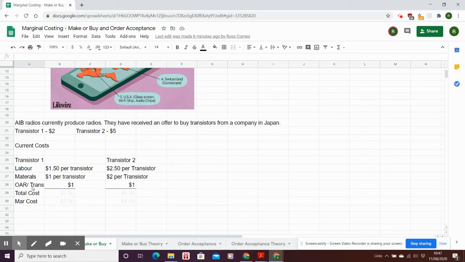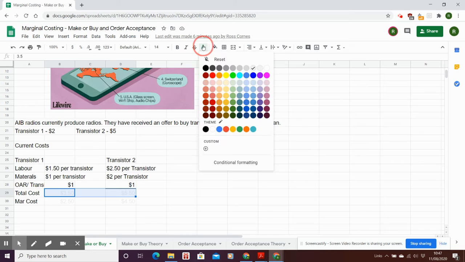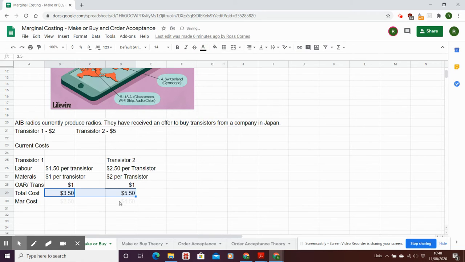And what we've also got here is the information on both the labor and the material costs for transistor 1 and transistor 2, and an overhead absorption rate per transistor for the fixed costs. So if we look across here at the fixed costs of these two components, we just need to add up the variable costs and the fixed cost.